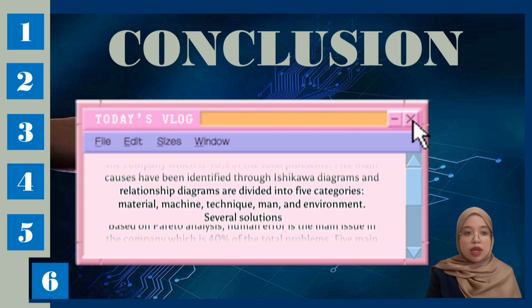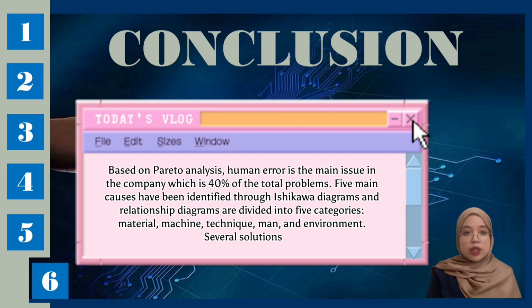Based on Pareto analysis, human error is the main issue in the company, which is 40% of the total problem. 5 main causes have been identified through the Ishikawa diagram, and the relationships are divided into 5 categories, which are material, machine, technique, man, and environment. Several solutions have been proposed for improvement based on the causes that the company faces.